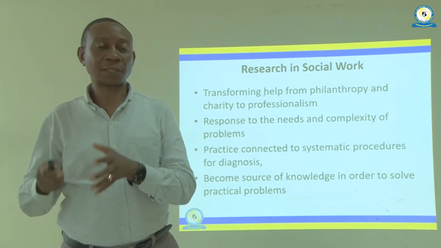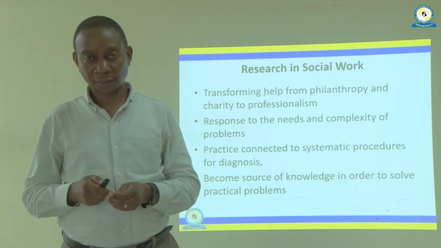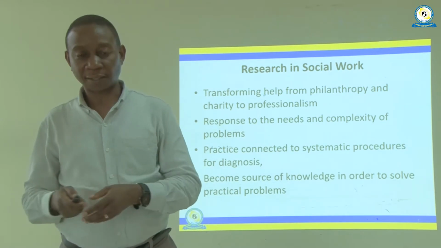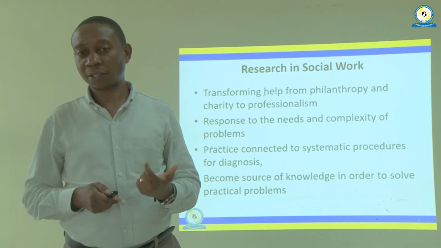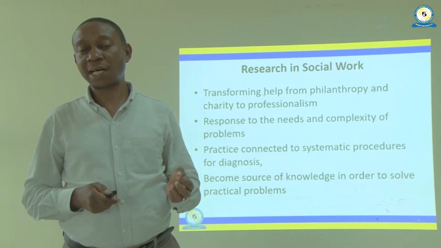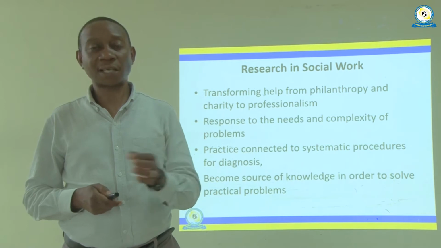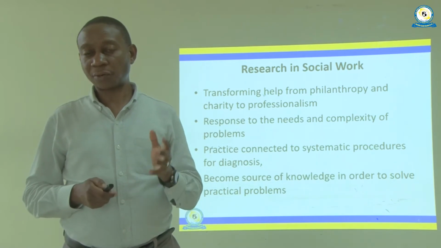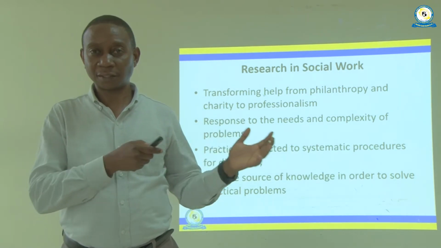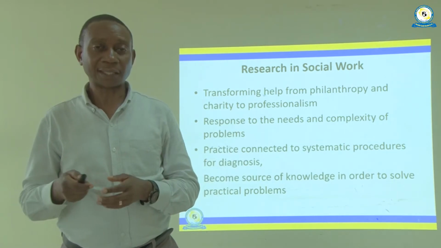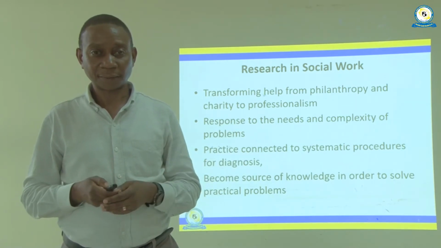That's where social work became a professional helping profession. What made it professional is that it now considered research, it now considered scientific approaches, basing on information that was collected scientifically.